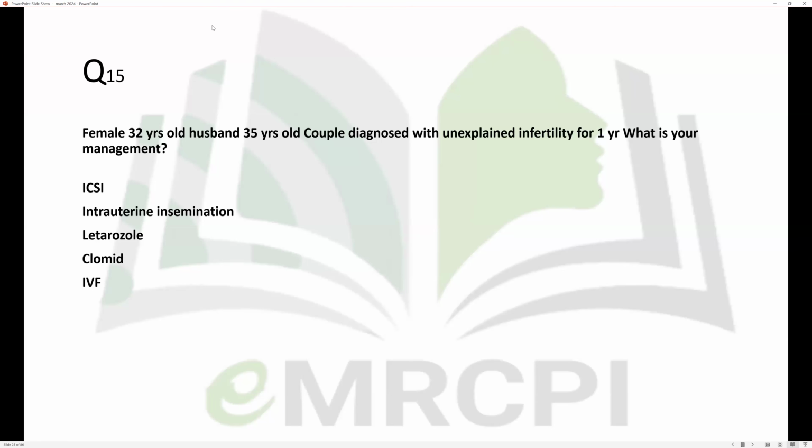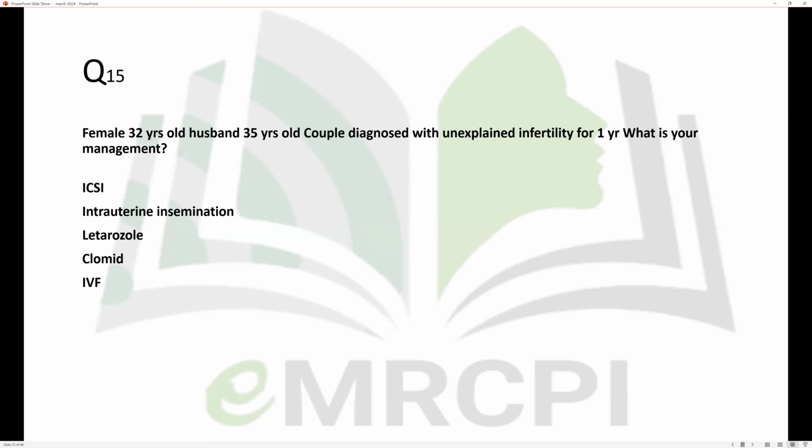Even if it's there, what is the first line management of unexplained infertility in the MRCPI exam? This will be intrauterine insemination.